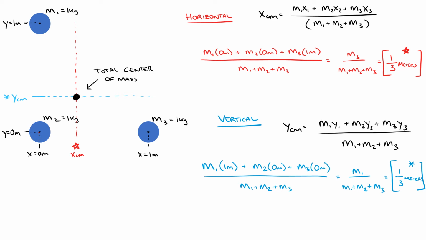The masses, I'm just going to call them M. All right, for 1 and 2 right here, it's 0. It's a horizontal position of 0. So we have mass 1, 0 meters. Mass 2, mass 3 is the only one that has an actual value. That's 1 meter.